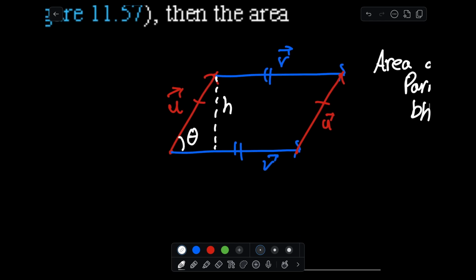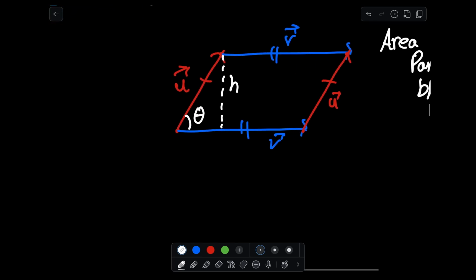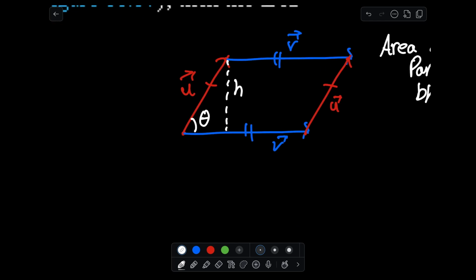In this case, we want to solve for our h. We know theta and u, so we can use right triangle trig. We can say that the sine of theta equals my opposite over my hypotenuse, and in this case my hypotenuse is the magnitude of this vector, right? So then my h, we can call h actually in green, how about that?